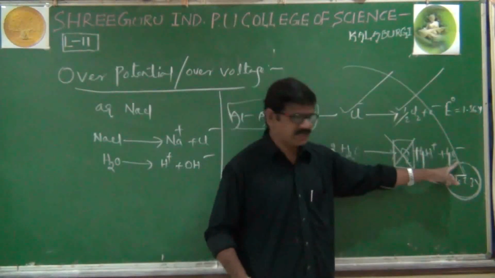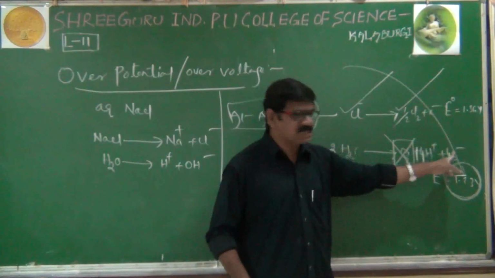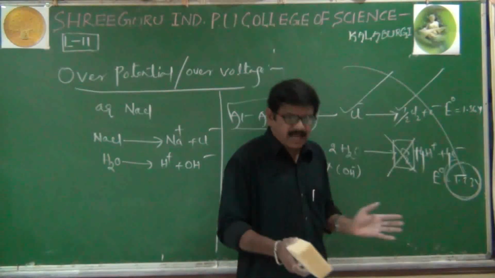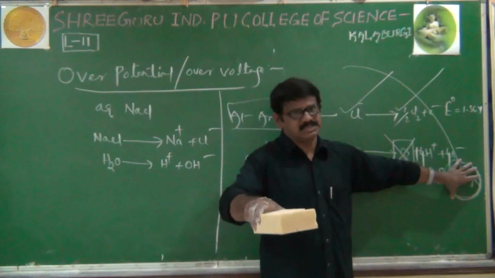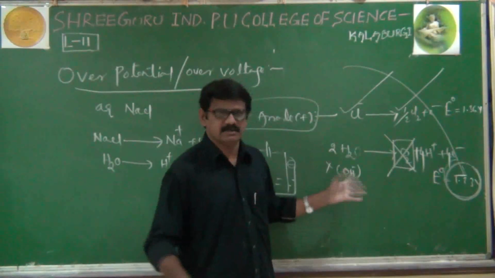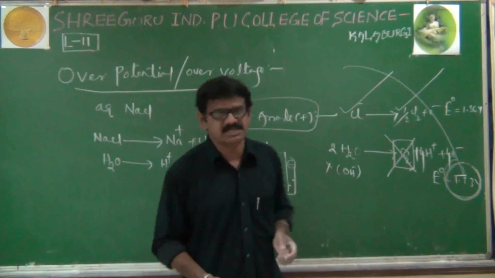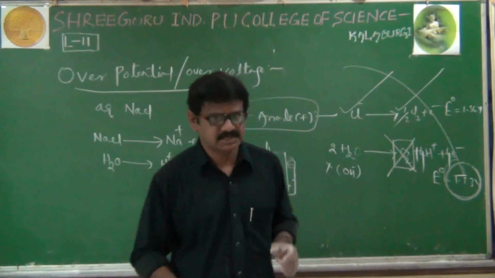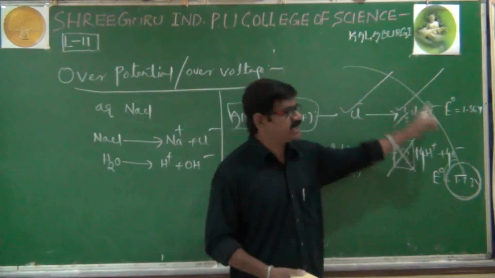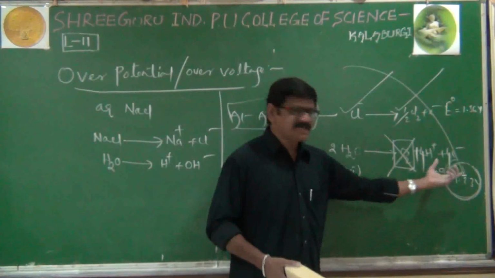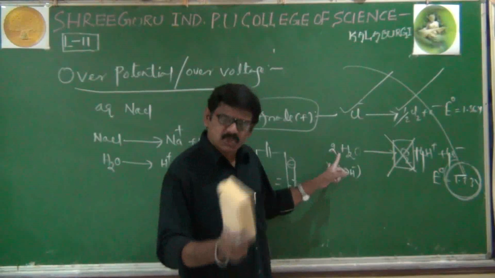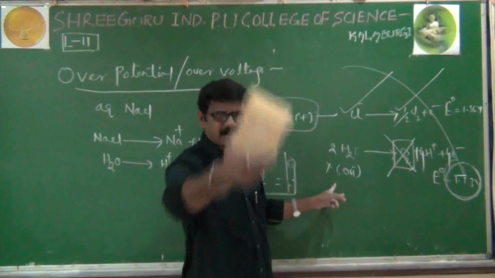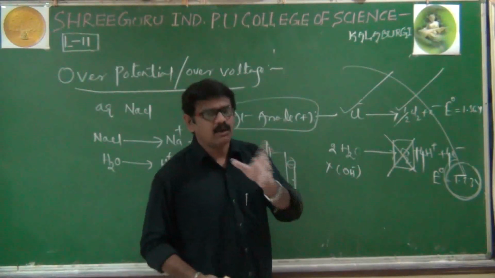The minimum extra potential supplied over standard electrode potential to discharge the ion is called as over potential or over voltage.